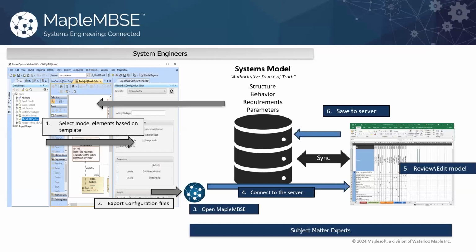The stakeholder would just launch MapleMBSE, which is done automatically if you double click on the shared configuration file. You connect to the server with a credential, you access a model that is in the server. This is open in an Excel interface. The user can review or edit the model and save it back to the server.